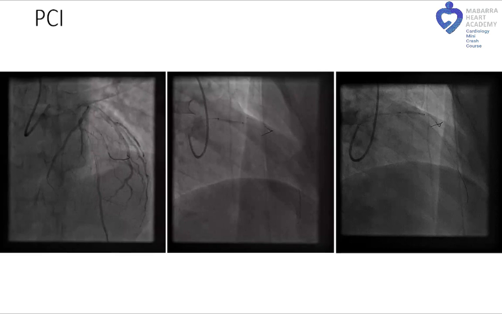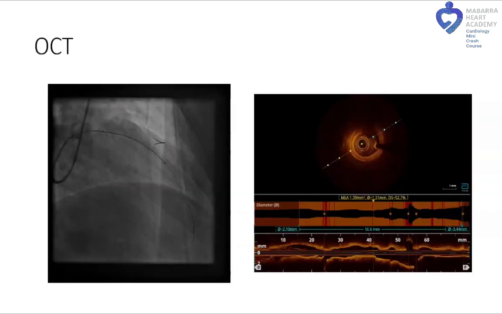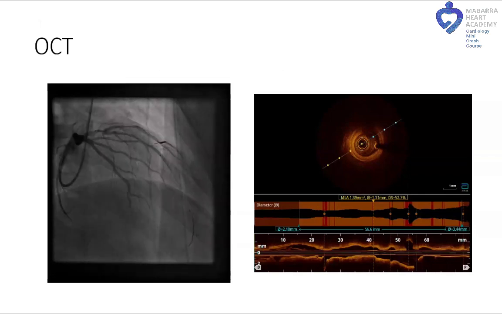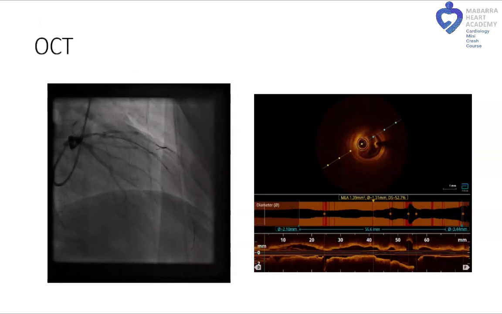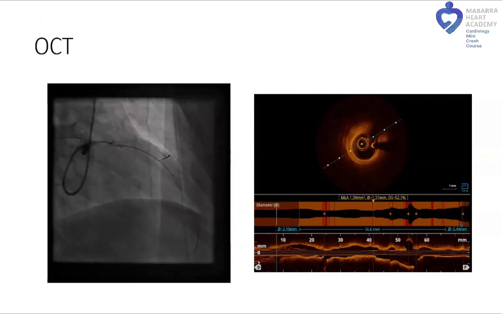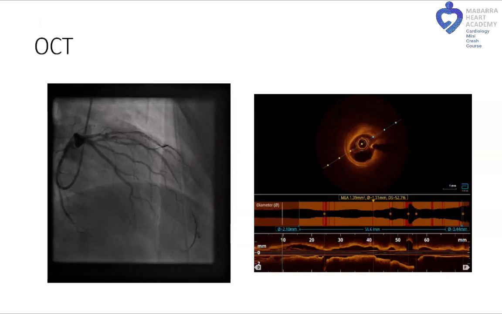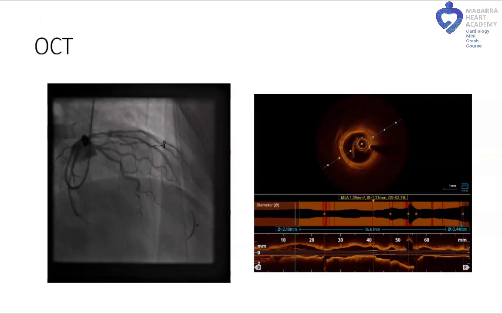I pre-dilated the LAD and pre-dilated the diagonal, and then went on to do OCT of the LAD to determine my strategy. Again, this shows the pullback on the right system gives you the LAD from distal to proximal.